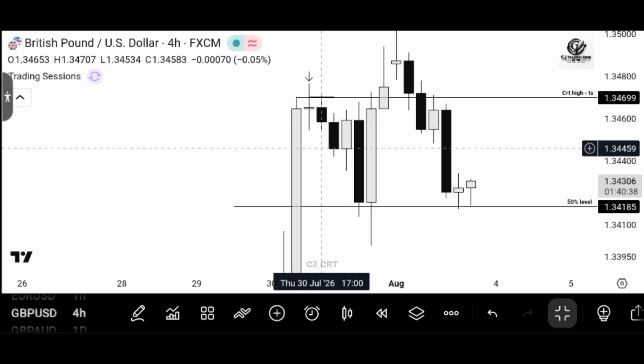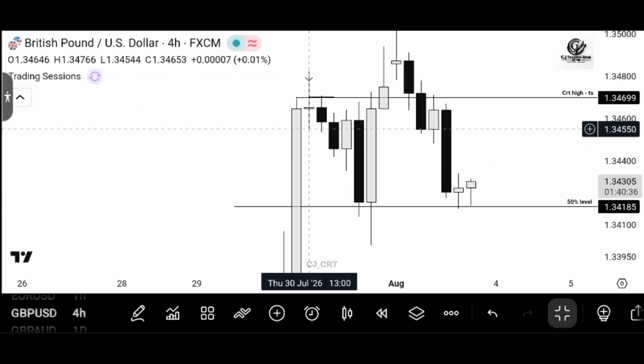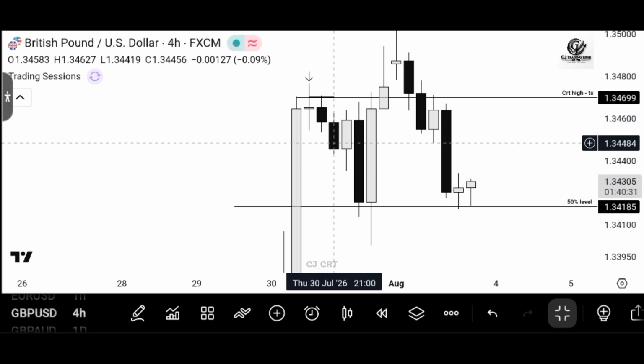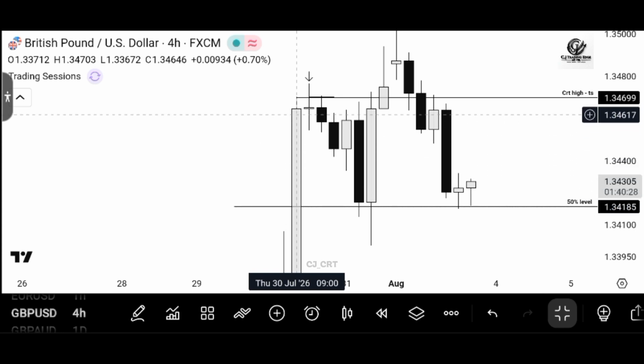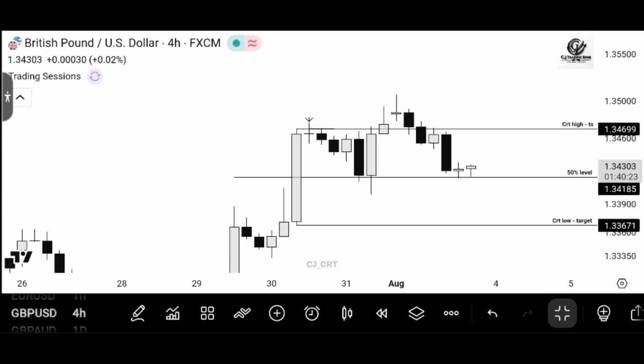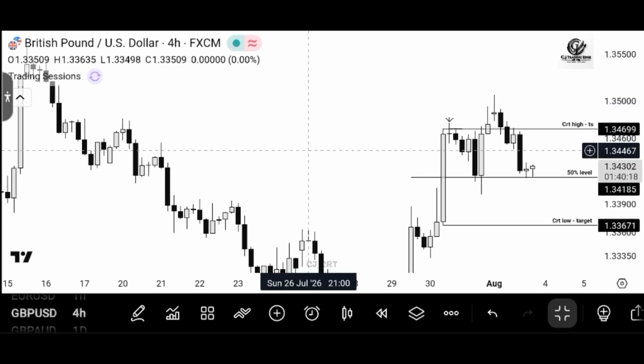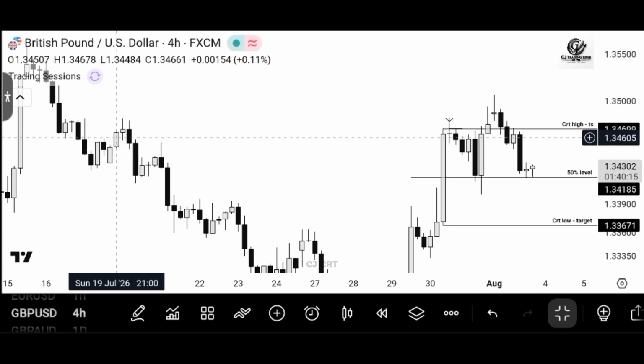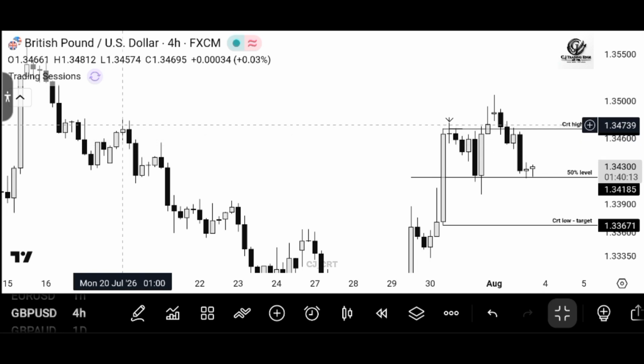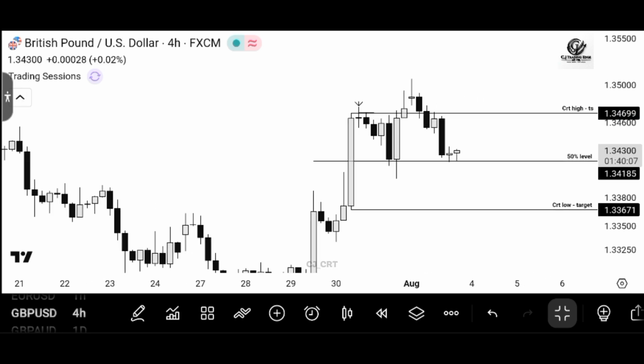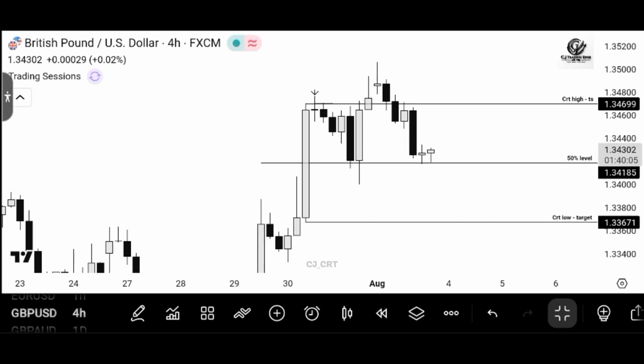But at the same time, I don't trade CRTs whenever I'm seeing a bigger CRT candle, and this thing happened in a key level, which is this other block. That was one of the reasons I took the trade.